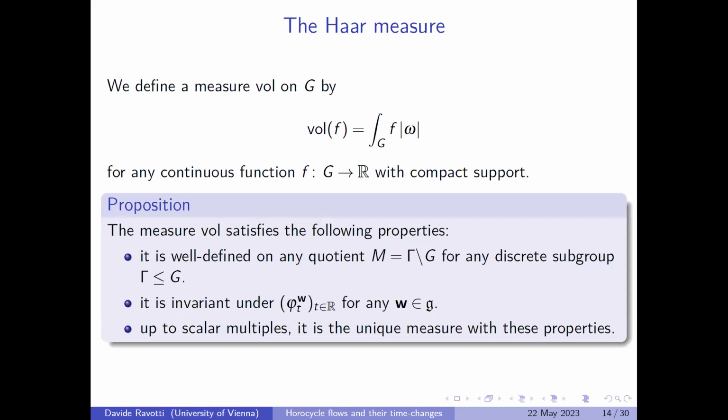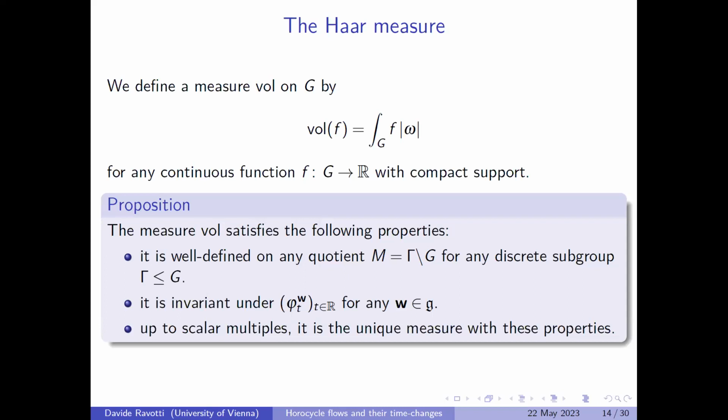Oh, yes. When I said it is the unique measure, I mean, okay, so maybe here I've been a bit sloppy in stating this, but for our purpose, it will be the unique measure. So yes, hidden in the proof of this proposition, there is the fact that to be invariant by multiplication on the right, you need G to admit a lattice, which is a true fact in our case.